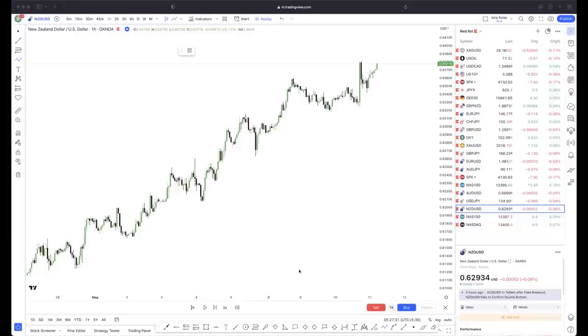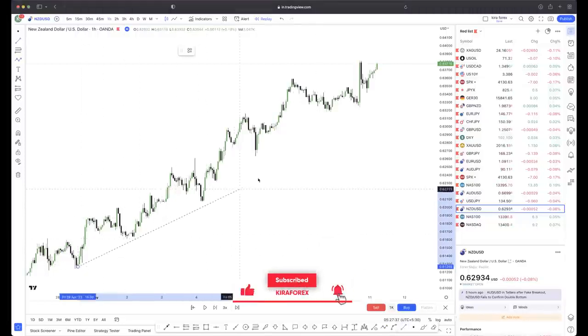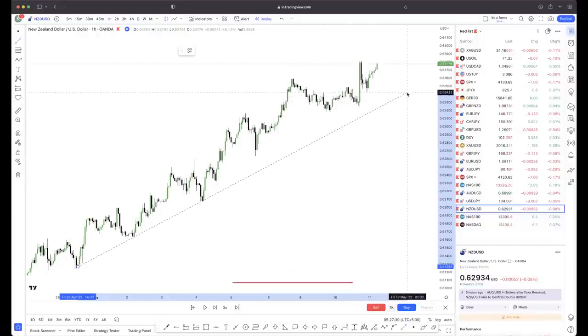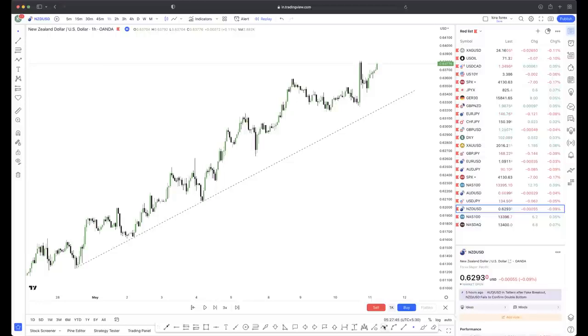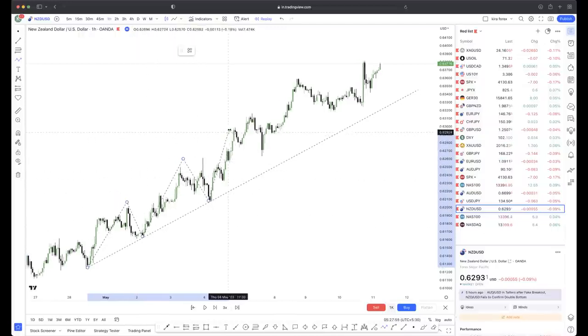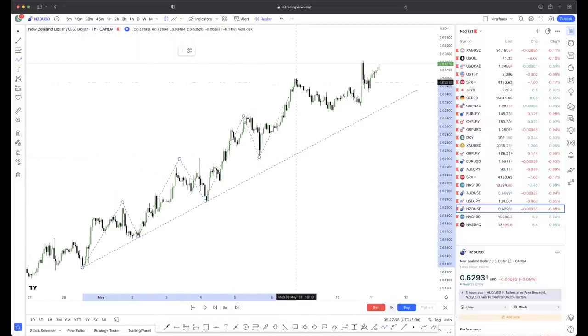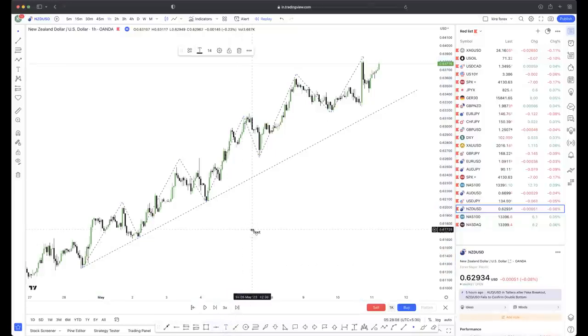This is an example of an uptrend structure or a bullish trend. In a bullish trend, like I said, we have a series of higher highs and higher lows. So we have a higher high, higher low, higher high, higher low, higher high, higher low, and then we have another higher high. So in this type of market structure, what you need to do is to look for buys.